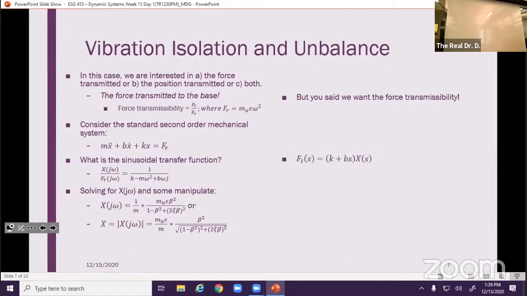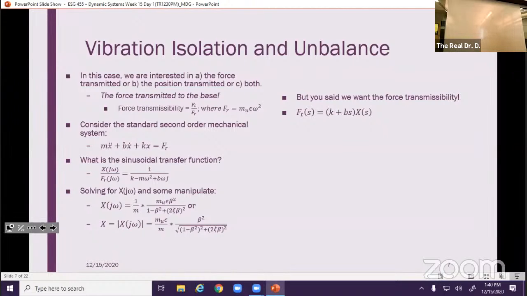We said we wanted force transmissibility. So the transmitted force, I claim, is equal to K plus B times S. Where does that come from?